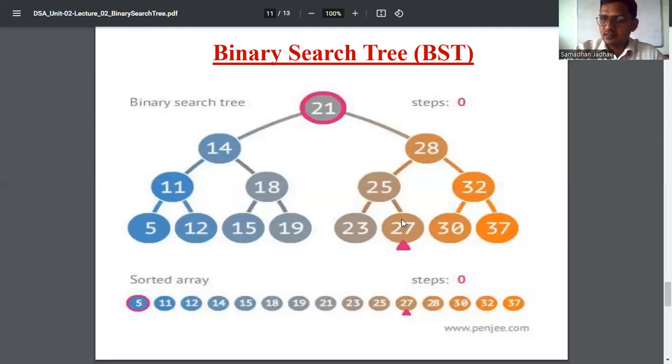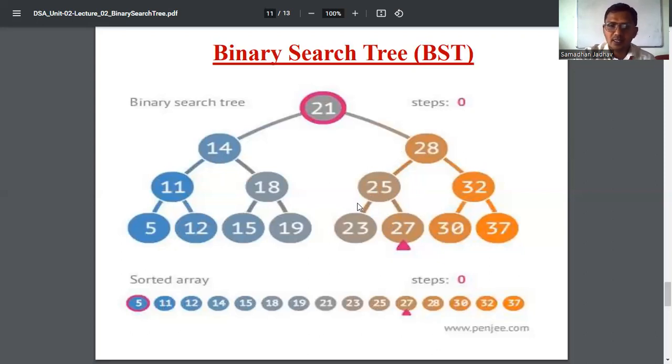Definitely more than 4, right? Because we have to search from the root, then nodes in the left subtree, then nodes in the right subtree, and so on. So it would have taken 1, 2, 3, 4, 5, 6, 7, 8, 9, 10, 11, 12 comparisons, right? But because of the binary search tree, we found 27 in only 4 comparisons.